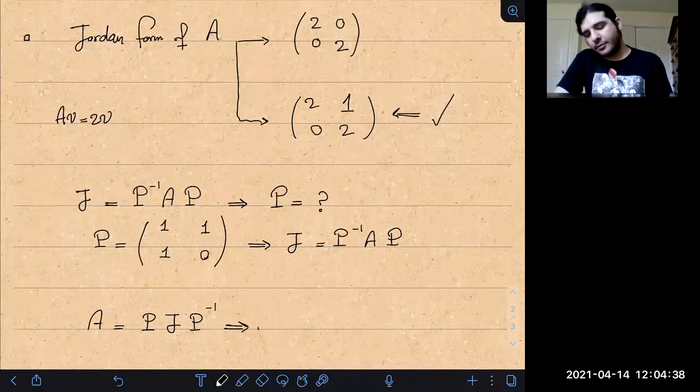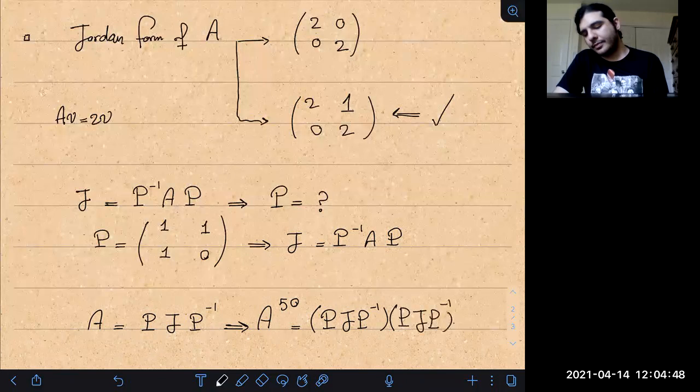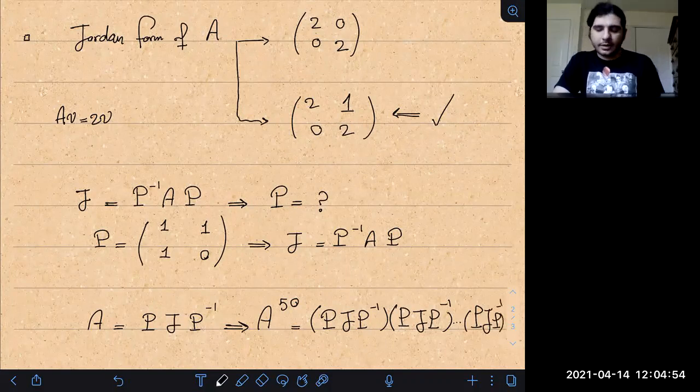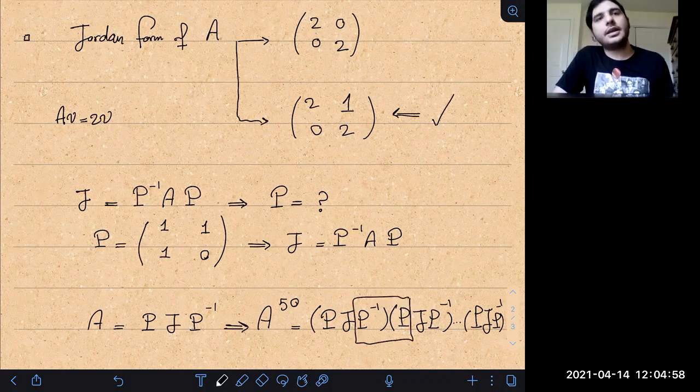In order to find A to the power 50, we need to multiply P J P inverse by itself 50 times. The good thing is that all these matrices, P inverse and P in the middle, cancel each other.